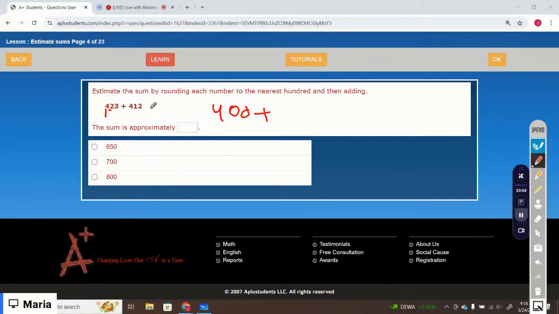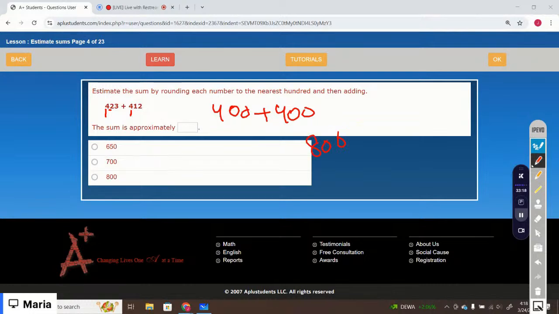Then we have 412. And 4 is at the hundreds position, right next to 4 we have 1. So 1 is less than 5, so you need to round on the same 100. So 400 plus 400 equals 800.